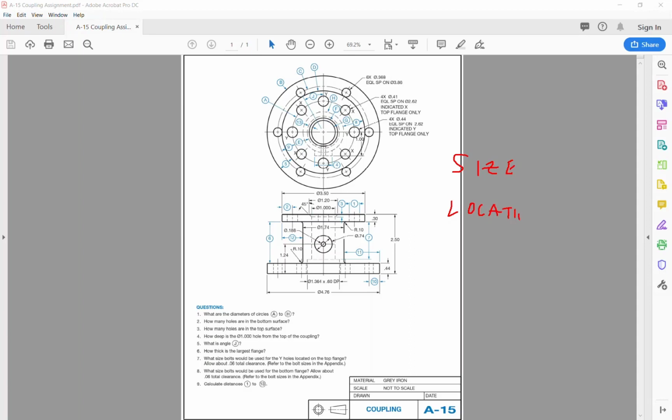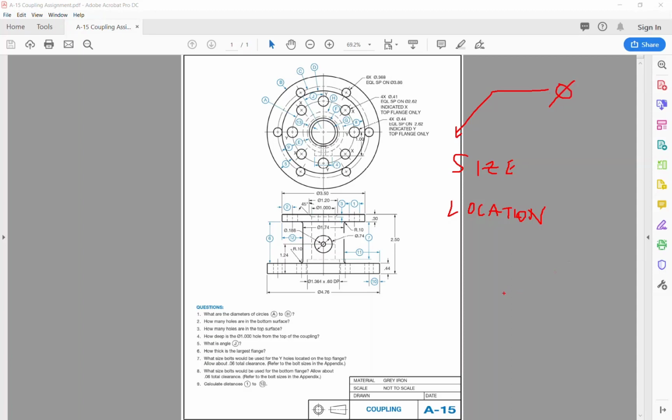So how do we indicate size for cylindrical features on an engineering drawing? Well, we use a leader, which is an arrow, and if it is a cylindrical feature that in 2D looks like a complete circle, we have to use the diameter symbol.